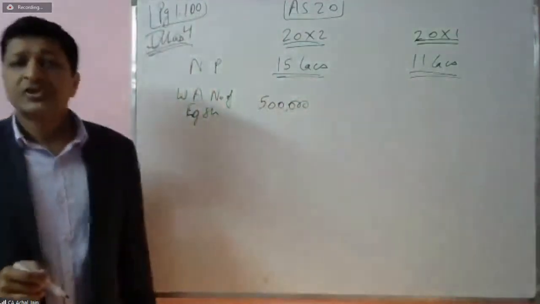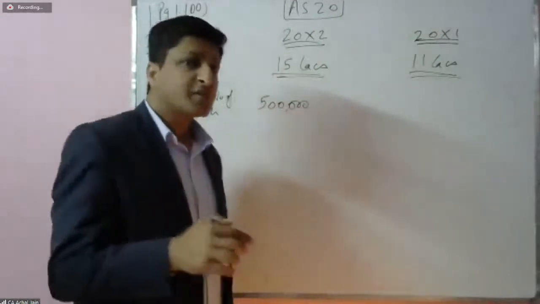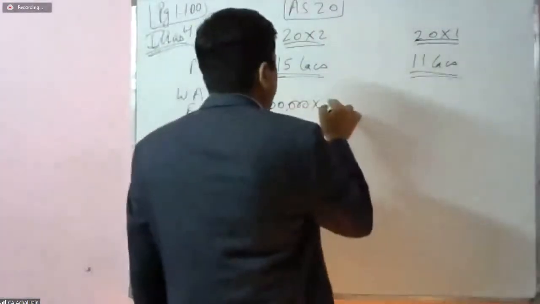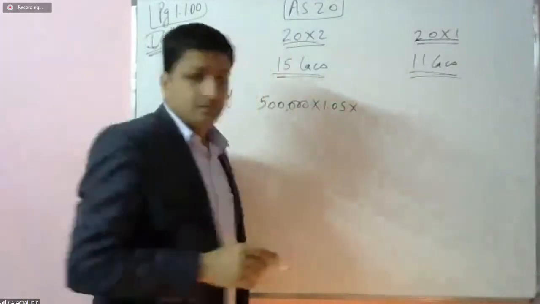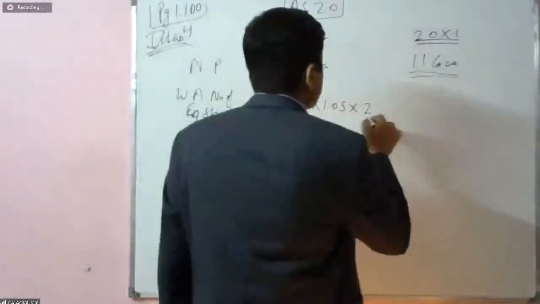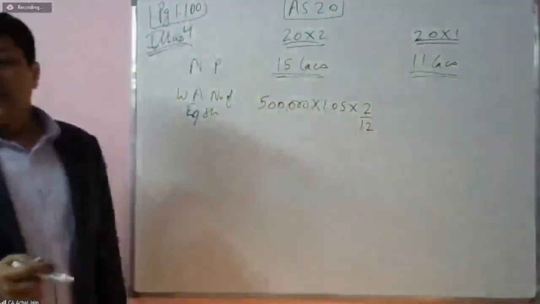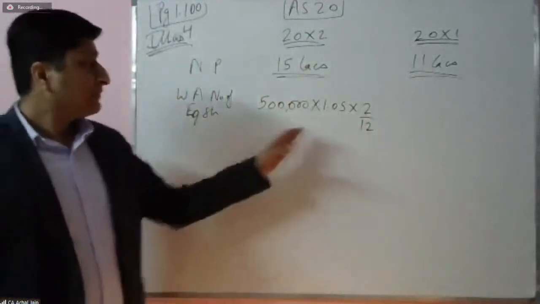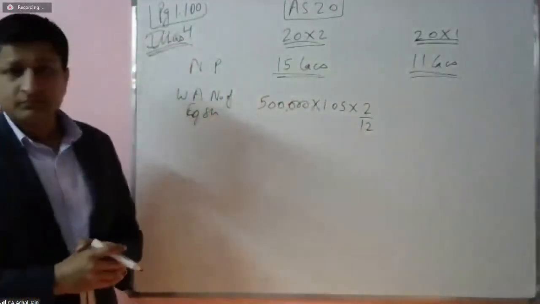So 5 lakh shares were there, in which we will make the adjustment into 1.05 for how many months? 2 months. Okay, for 2 months. Why? Because after that, the rights issue has actually come.